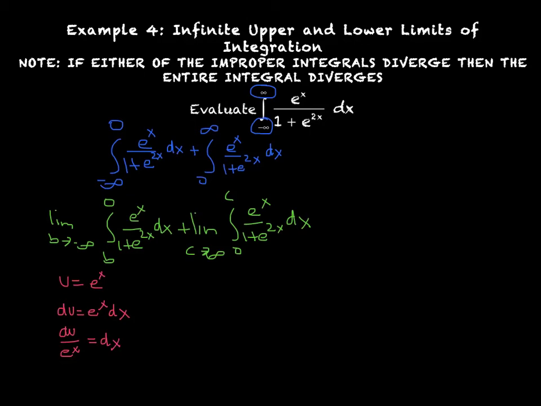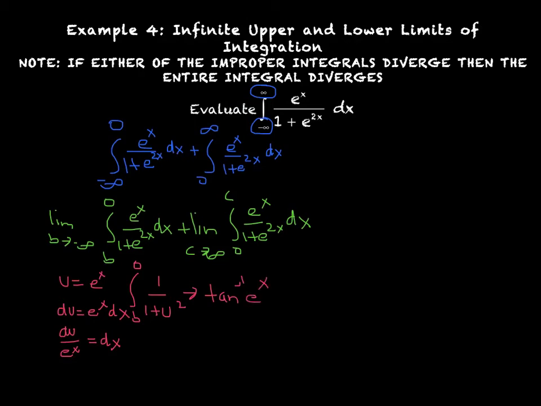So now we can plug in, and we're going to end up getting 1 over 1 plus u squared, because the e to the x is going to cancel out. All right, so this is going to end up being the integral from b to 0 of this function, which is going to end up being the inverse tangent of u, but u is e to the x.